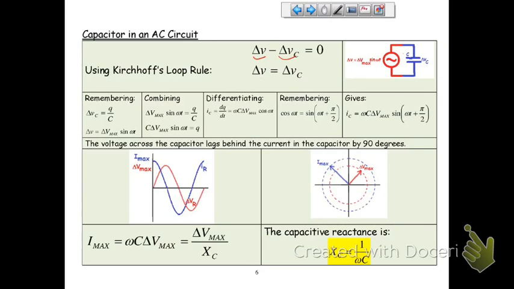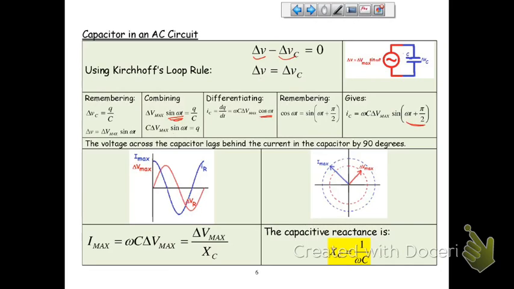And oh look, we went from a sine term to a cosine term. That's interesting. But now we say cosine omega t equals sine omega t plus pi over 2. So if I want to express it like it was, IC is equal to omega C delta V max sine omega t plus pi by 2. So again, we have a phase jump, but this time the current is in front of the voltage. And there's also this ratio.